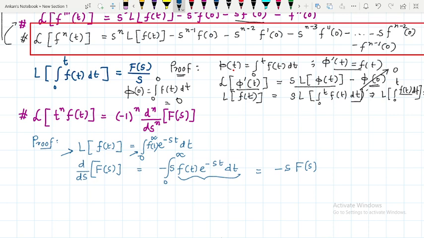So I have made some mistake. Differentiating with respect to s, there will be a t, not s, coming out in front, minus t.